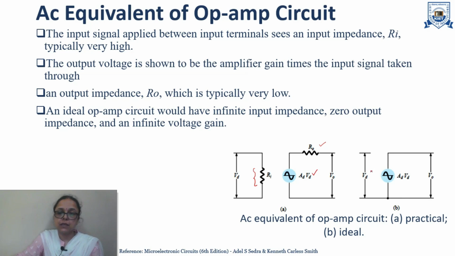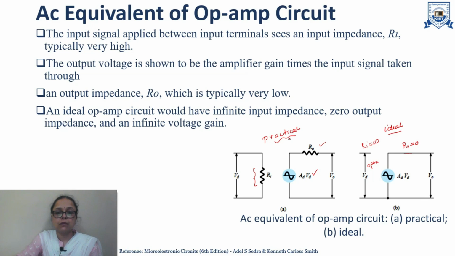Here we can see that Ri is replaced by the open circuit, that is Ri is infinite, and the output impedance RO is replaced by the short circuit. So here RO is 0. This is the ideal equivalent and this one is the practical equivalent of the op-amp.